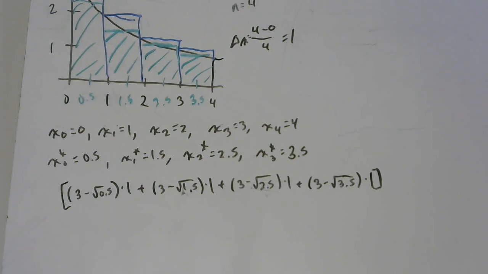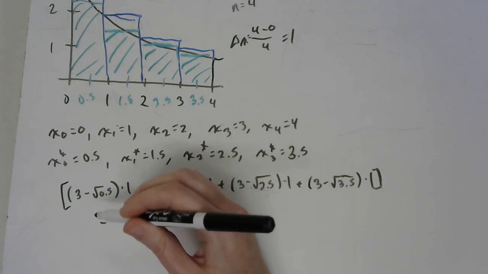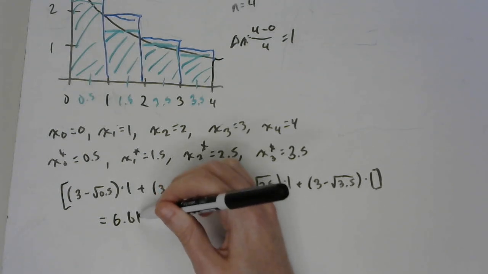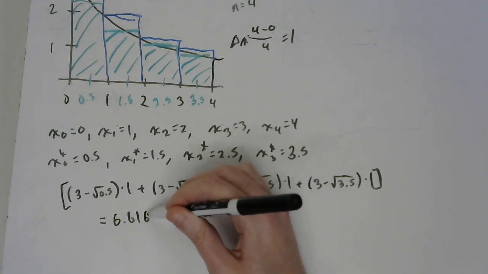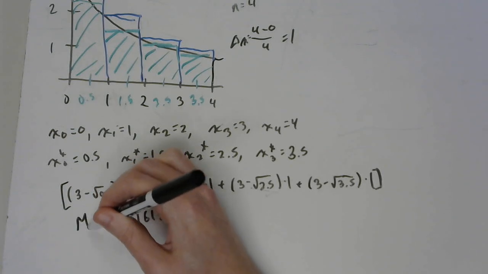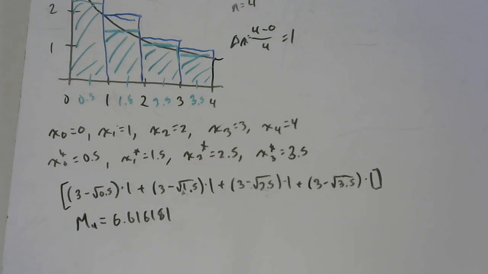Plug all of that into a calculator. Our final result is going to be about 6.616181. That would be my midpoint sum with 4 subintervals.